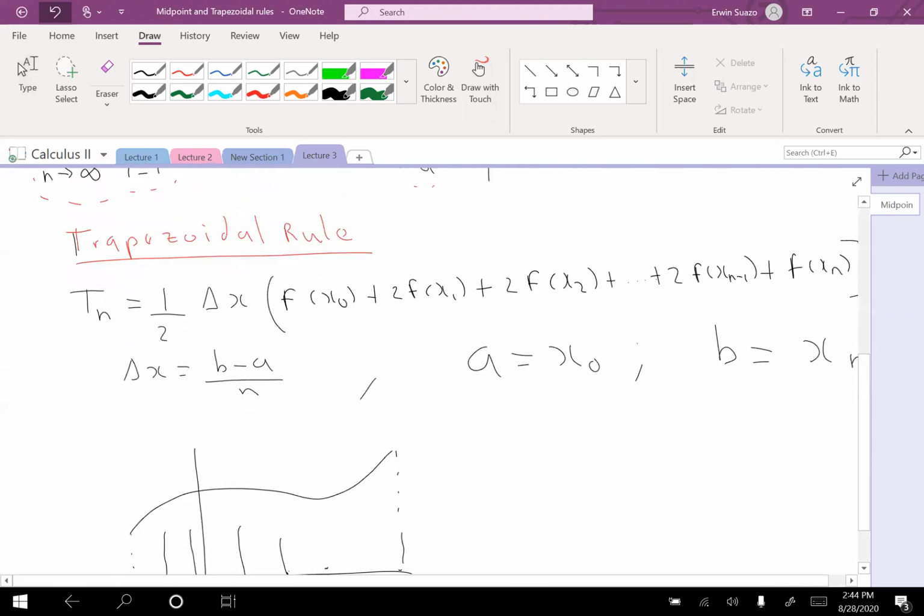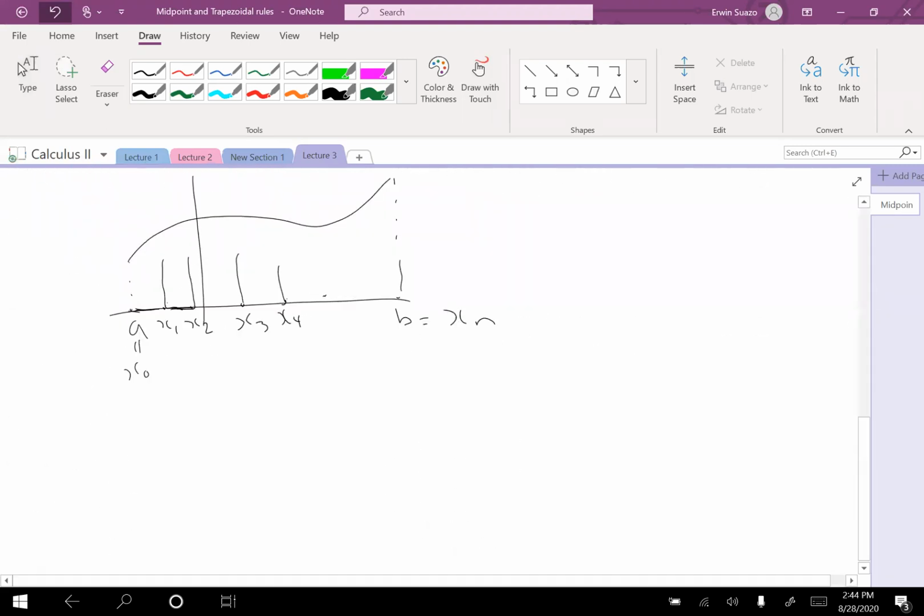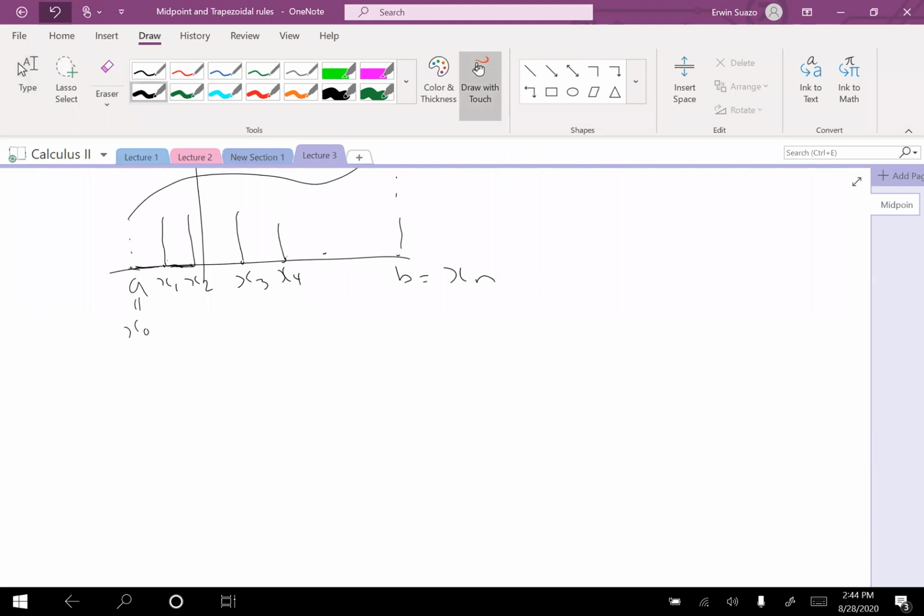Let's do our trapezoidal rule for the one we're doing in all the examples, the integral between 0 and 1, with n equals 5. So delta x equals 1 minus 0 divided by 5, which is 1/5.